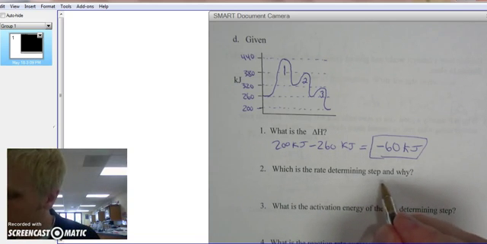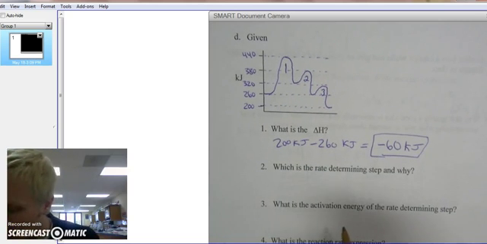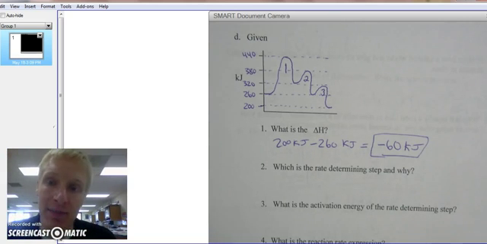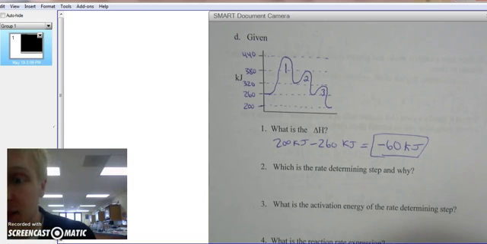Which is the rate determining step in Y? Alright, rate determining step, what is that? That is the step that basically determines how fast a reaction can go. The higher the activation energy, the slower that step. And the slowest step basically determines how fast that overall reaction can go.